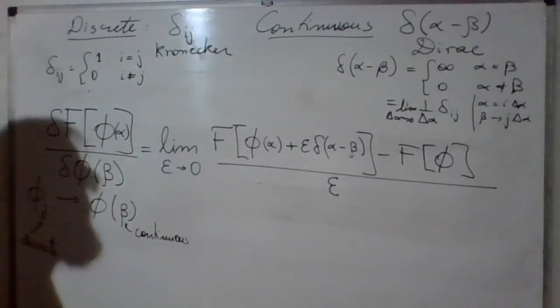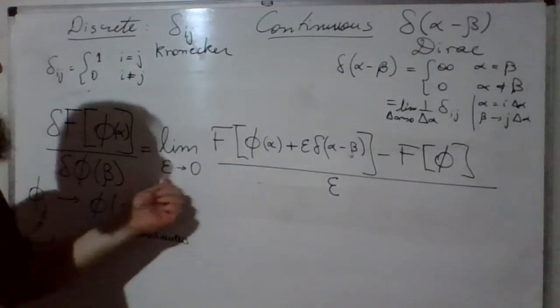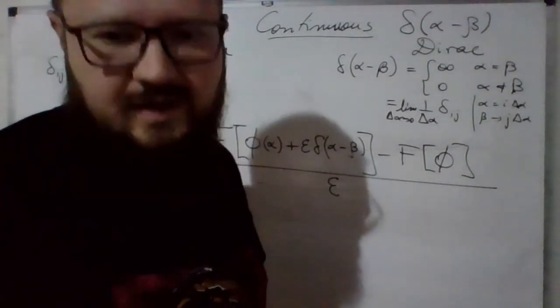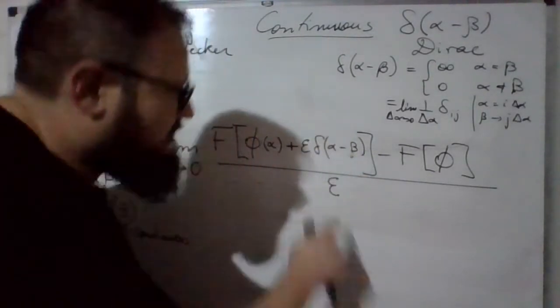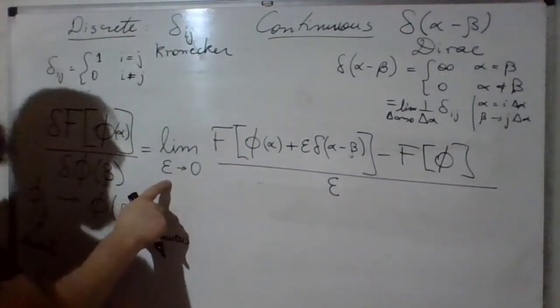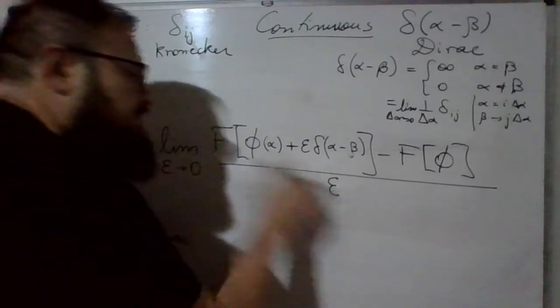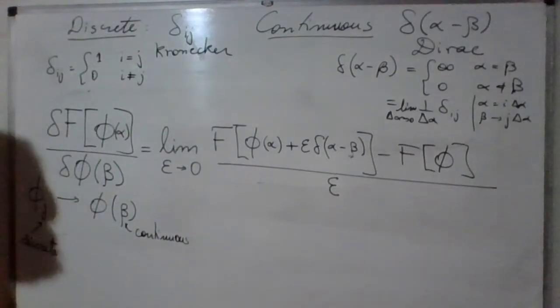I need to divide by this infinitesimal epsilon, and in the end take epsilon going to 0.